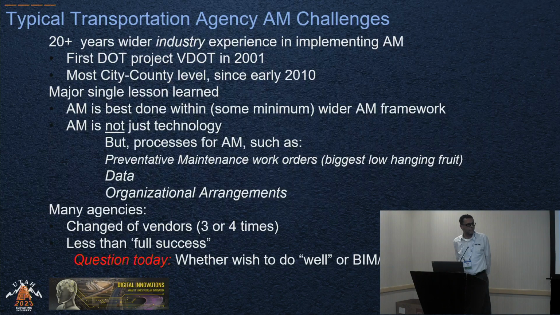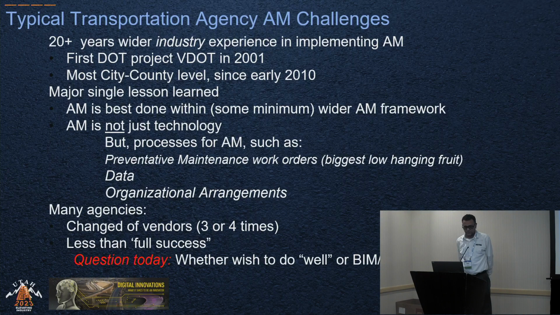I won't read all of these out, but we have learned some lessons. I started around 2001 with the VDOT asset management system. It ended up a rather unfortunate learning exercise, shall I say. But now, after so many years, most state DOTs have some sort of asset management system up and running. And we can learn from parallel technologies as we get into digital.